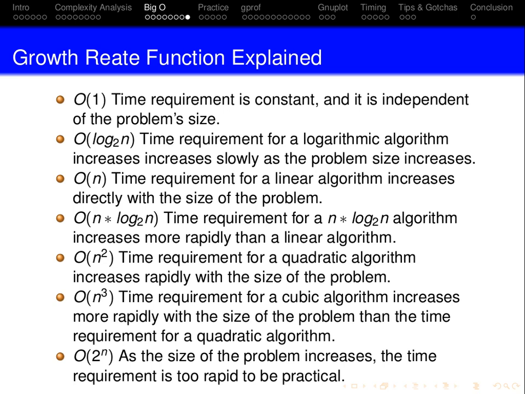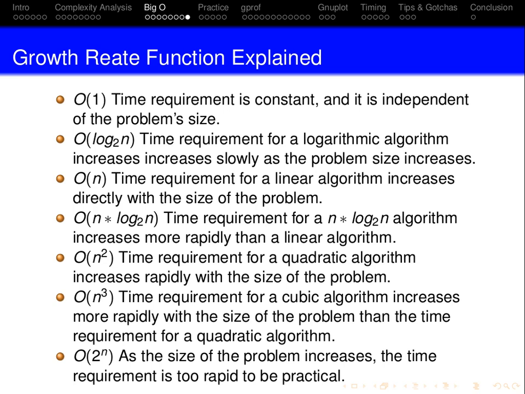O of log n: time requirement is logarithmic, increases very slowly as the problem size increases. We like those. Those are very good. O of n is a linear algorithm, increases directly. N log n is an n log n relationship. When you start experiencing these algorithms, you'll see the difference between n and n log n and n squared.